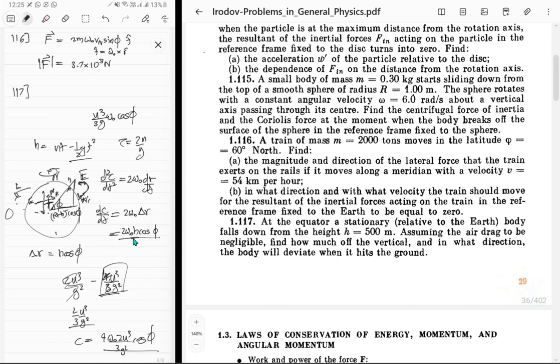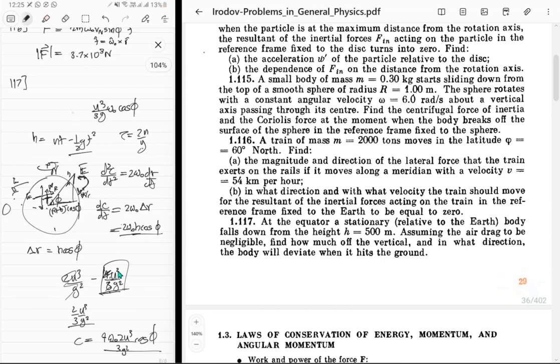Delta r is negative. It's supposed to be negative 2 omega naught h cosine phi, and then negative h is just u cubed upon all that stuff. This is going in. It's supposed to be g t cubed upon 6, and then you put t as the time required for it to fall.